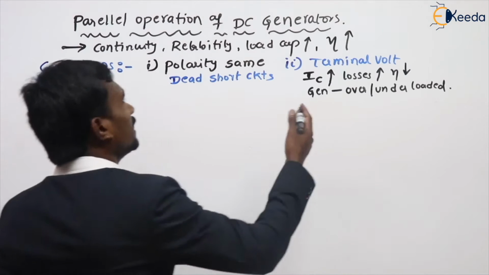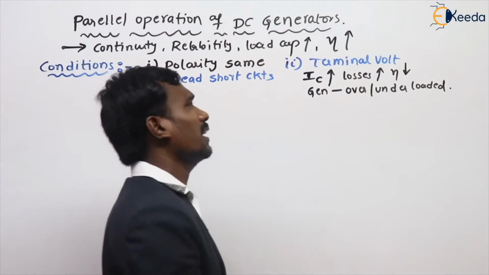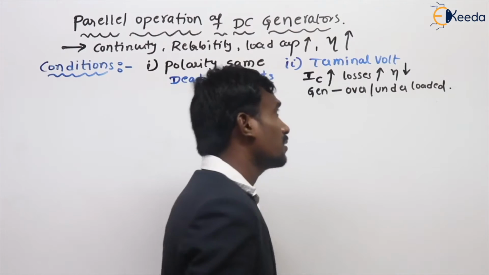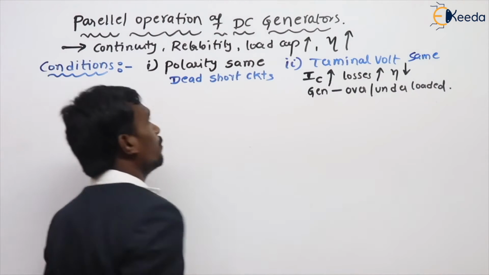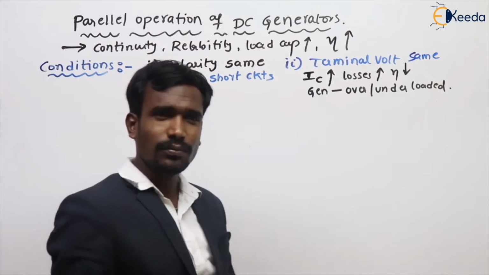Like that, many disadvantages are there. So we should maintain the terminal voltage the same and the polarity also the same.